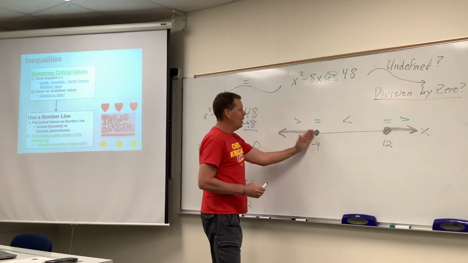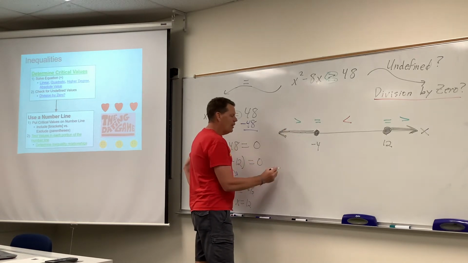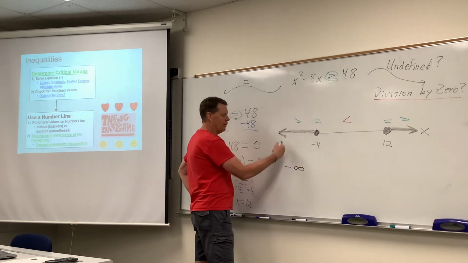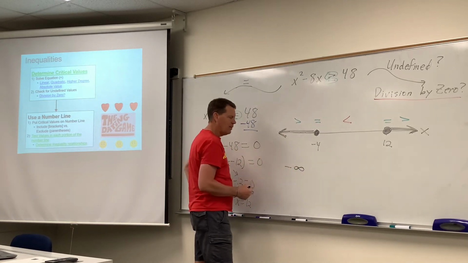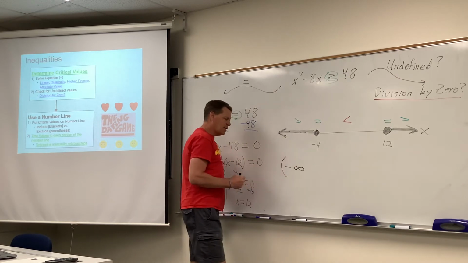Okay, so from left to right, here we go. Go forever in the negative direction. I hope you all realize that that's written as negative infinity. If you go forever, that's infinity, that's a sideways 8. And by the way, infinity would always have a parenthesis next to it.